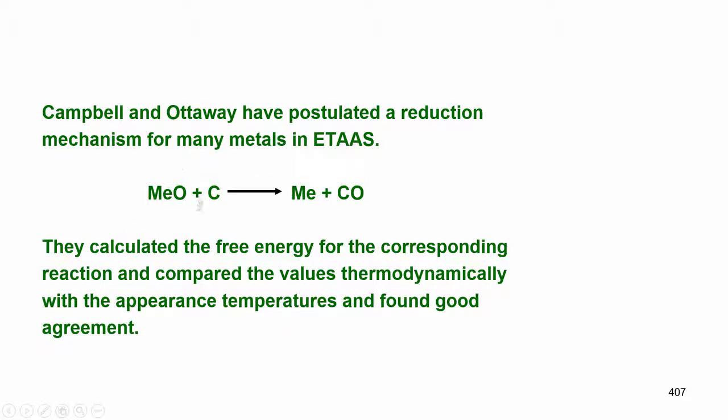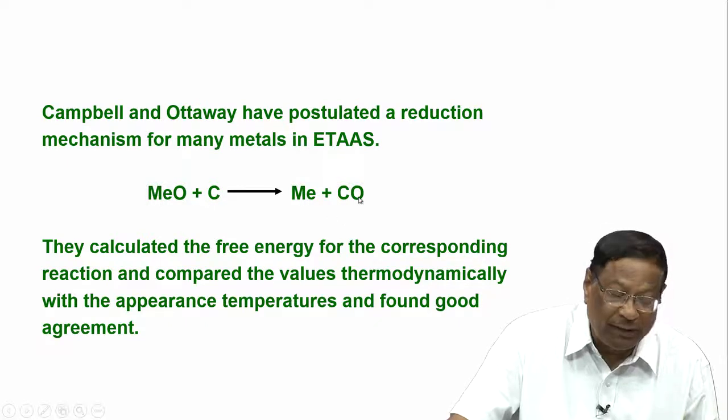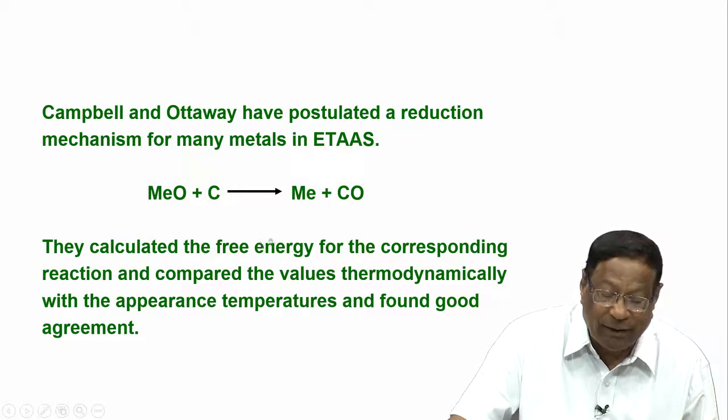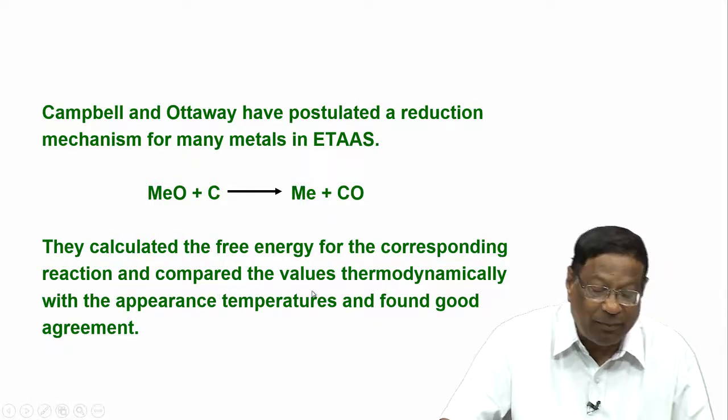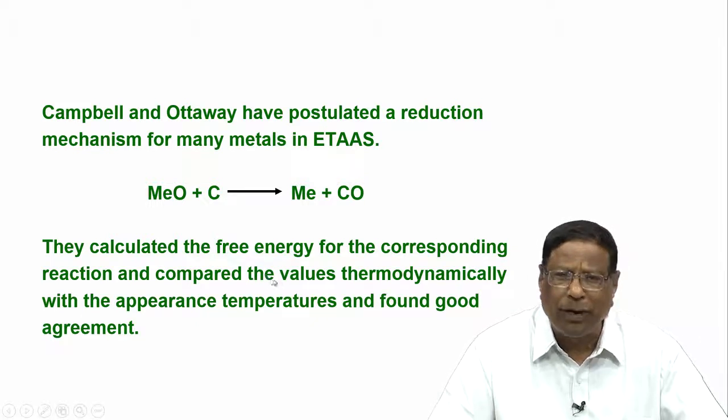So, what we have is metal oxide after all the concomitants are removed, that will react with the carbon to form the metal and give you carbon monoxide. They calculated the free energy for this reaction and compared the values thermodynamically with the appearance temperatures, and they found good agreement.